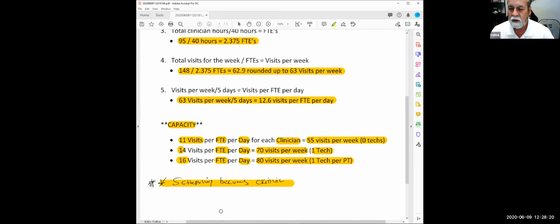If the front office schedule is not meeting what we need to do, it's going to throw everything off. So it becomes very critical that the front office understands this very well as well. So, any questions to this point?